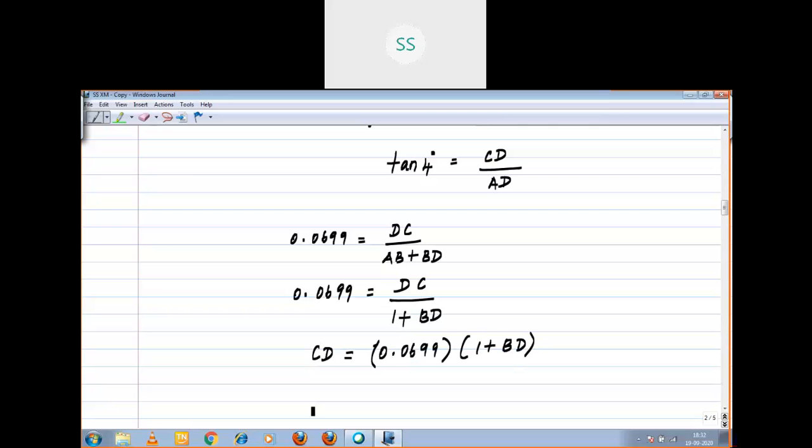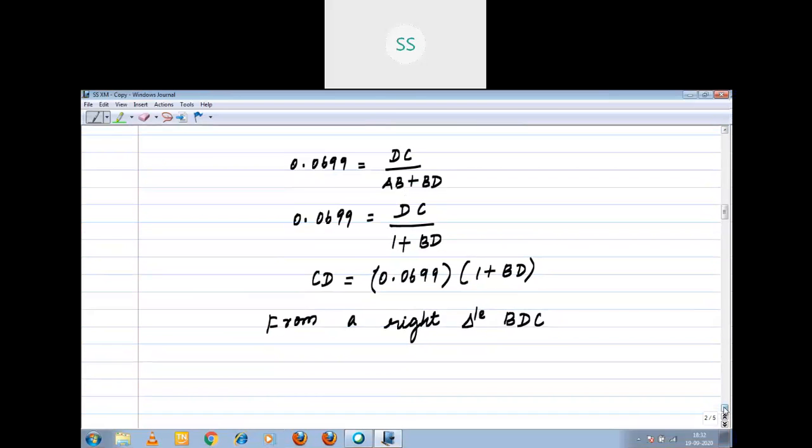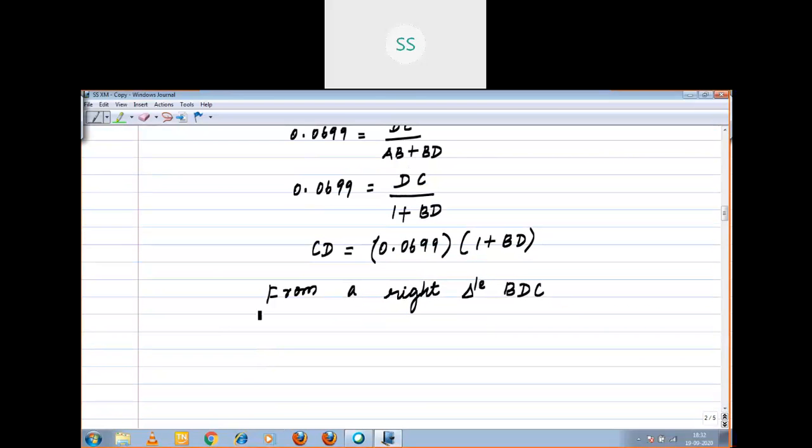AB is given as 1 mile, so 0.0699 equals DC divided by 1 plus BD. Now, CD equals 0.0699 into 1 plus BD.